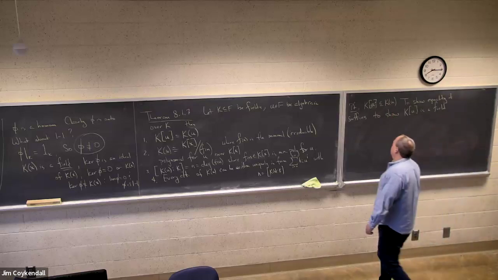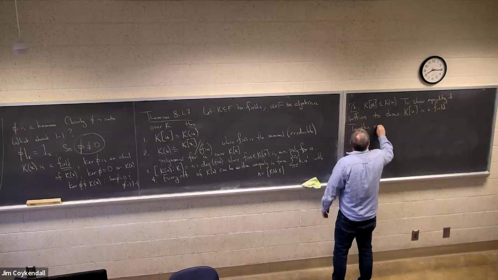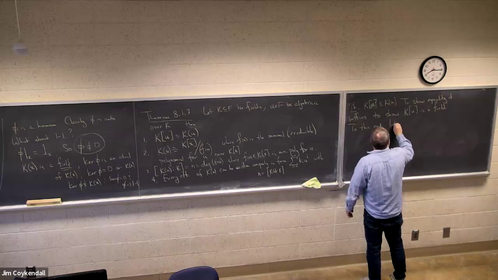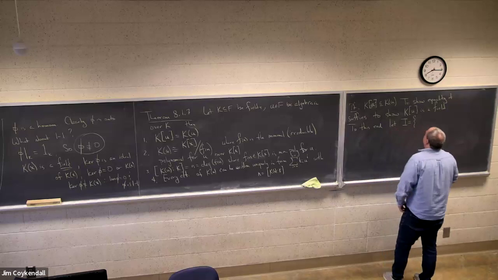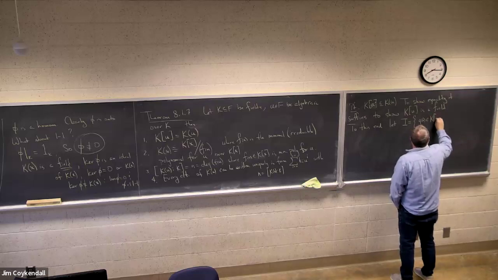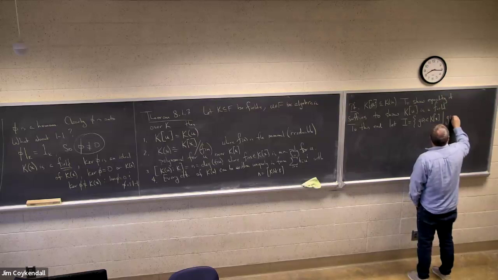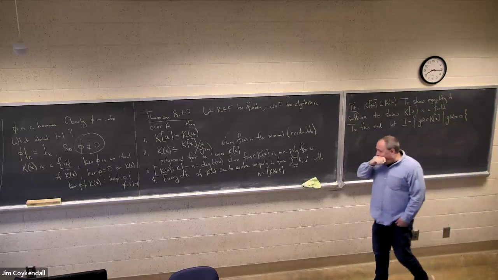So, let I be the set of g of x in K[x] such that g of U is equal to 0.